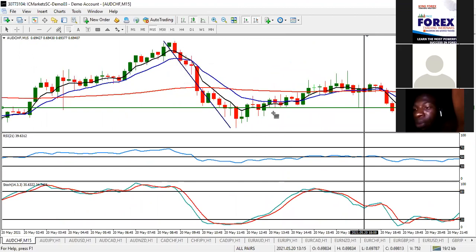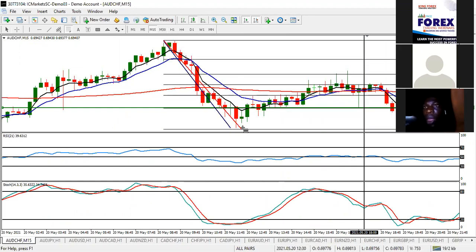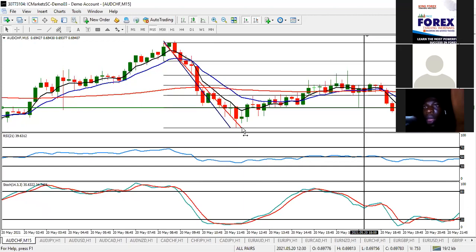So once you see price pulling back, you want to draw your fib again. All right, put in your fib. Once you put in your fib, that is when you want to put in your pending orders on the 50% level right here. So the moment price comes in, it's going to take you in before it continues pulling down.